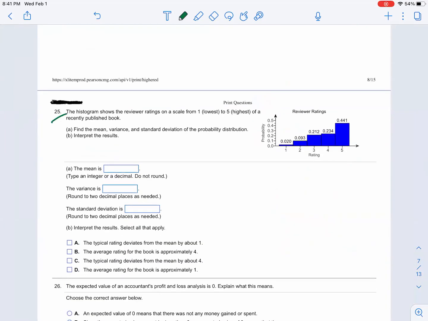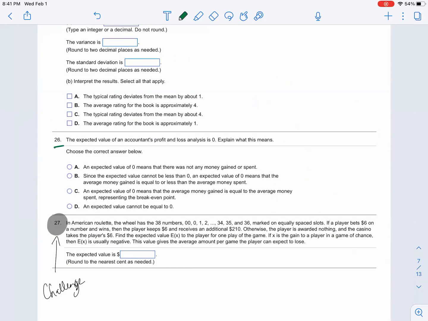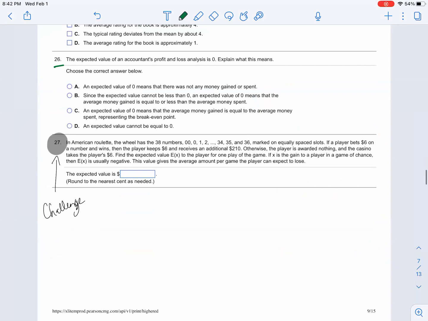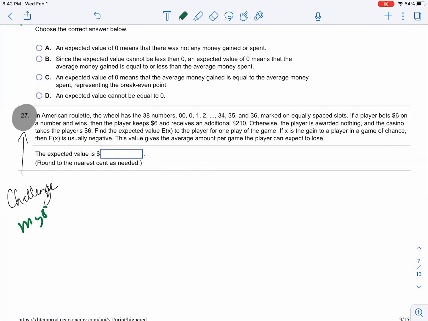Same thing for 25 on your own. All right, 26 is a multiple choice, you can look it up. 27 is your challenge question. When you go into MyStatLab, I need you to do this problem using the Help Me Solve This of MyStatLab.